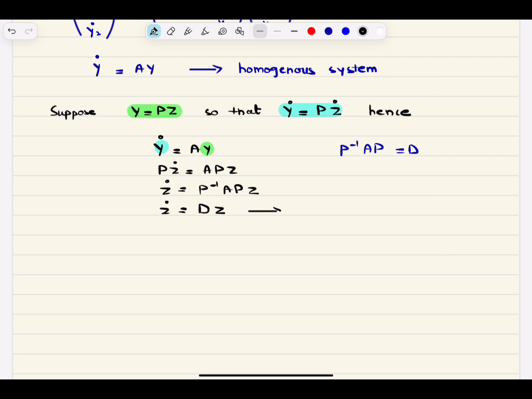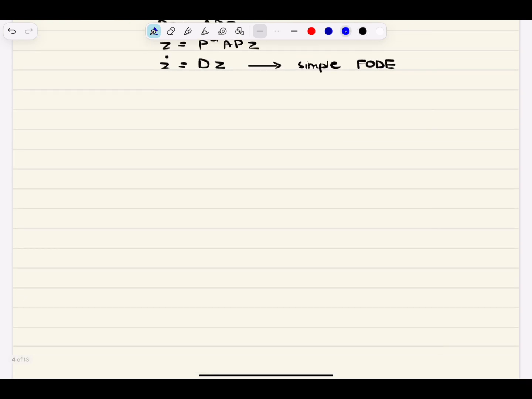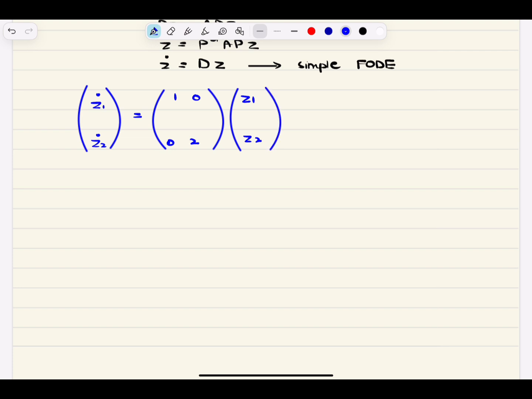This gives us a very simple first order differential equation, which is extremely easy to solve. So let's begin. Suppose I have z1 dot, z2 dot. The dot basically represents the first derivative, and the D matrix is 1 0 0 2, and then I have z1, z2. When I do matrix multiplication, I have z1 here and 2z2 here.